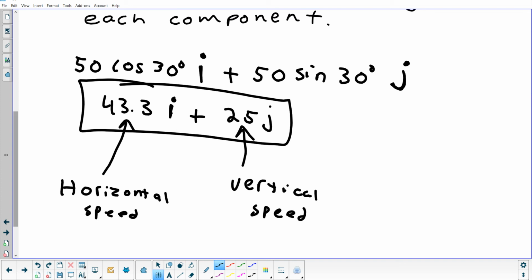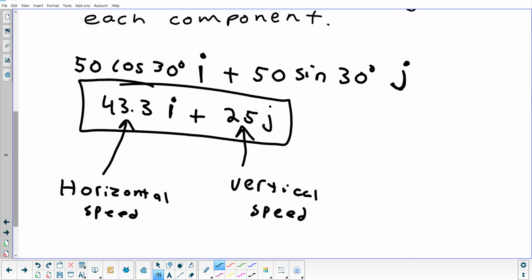The ball is going to go up, and then it's going to hit a vertical speed of 0, and then it's going to start coming back down again. So the vertical speed would be greatest the second that the ball leaves your hand, because that's when it's going the fastest. The horizontal speed never changes. It's always 43.3 miles per hour.